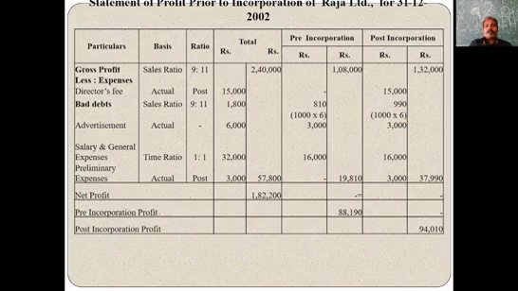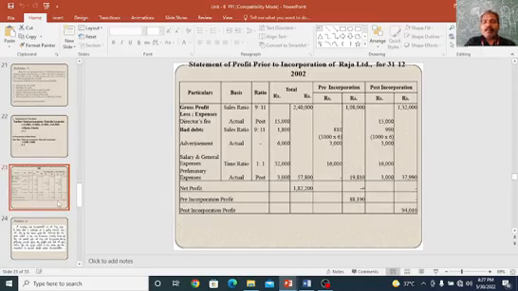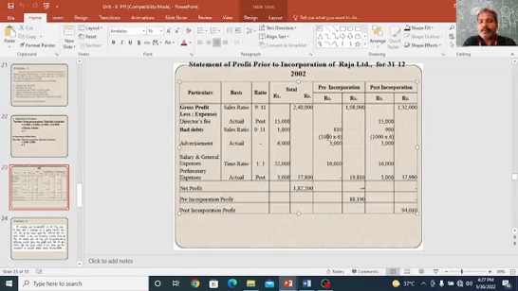Advertisement is generally allocated on the basis of sales ratio, but in this problem they are given 500 per month. So it includes some mistakes. So not 1,500.